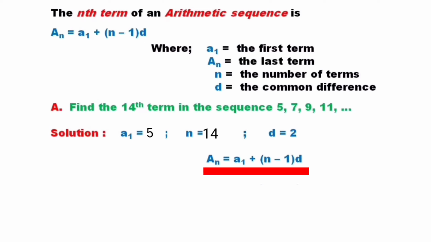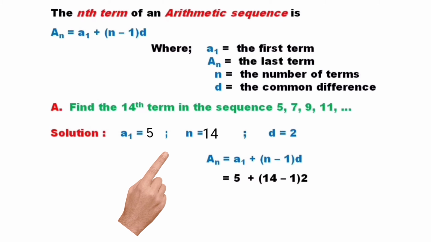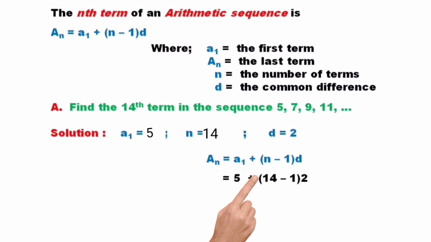A sub n equals a sub 1 plus the quantity of n minus 1 times d, where a sub 1 or the first term is 5, n or the number of terms is 14, and d or the common difference is 2. The new equation now is a sub n equals 5 plus the quantity of 14 minus 1 times 2.